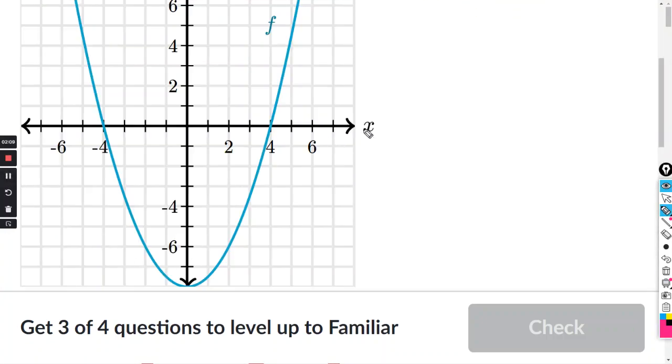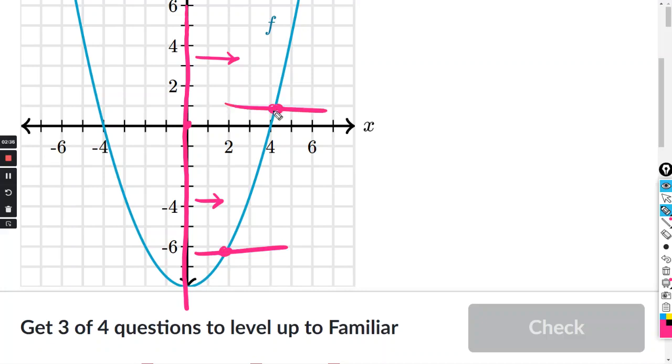If we go to the x-axis, this is x equals 0, so that's this entire line right here. If we restrict the function to everything that's greater than or equal to 0, can we still do the horizontal line test? Well, yes, if you start here, it intersects just once.